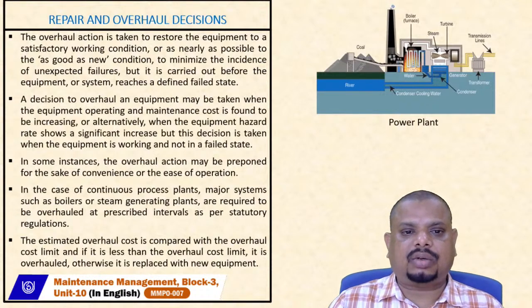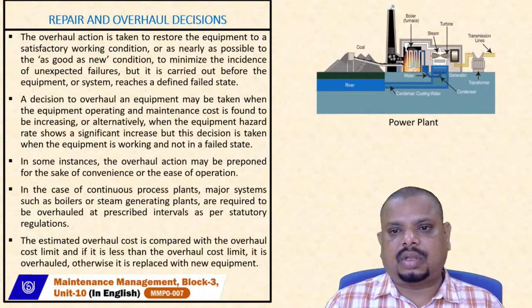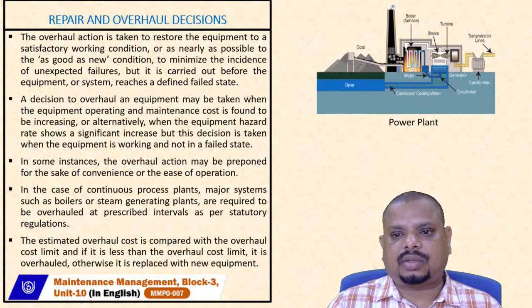It is carried out before the equipment and system reach defined failed states. Let's take an example of a power plant, which consists of a number of departments and divisions. The first division has the boilers. The boiler generates steam. The steam goes to the turbine. The turbine is connected to the transformer. The transformer generates the electricity.